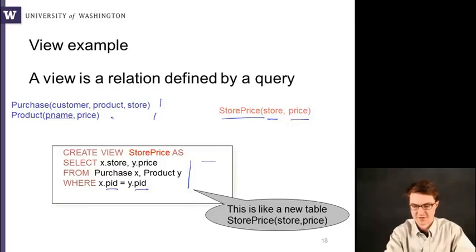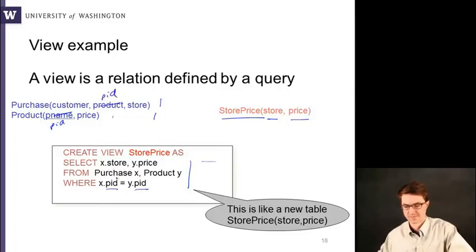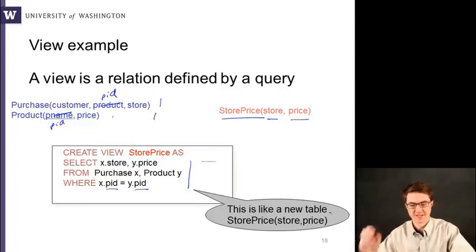This is a little funny because we didn't put PIDs here, so this is a little bit wrong. So let's assume that this is PID, and assume that this is also PID. And then it matches the query down here. Okay. So this result is now like a new table, and just like I said a second ago, you've now hidden the join from the users.